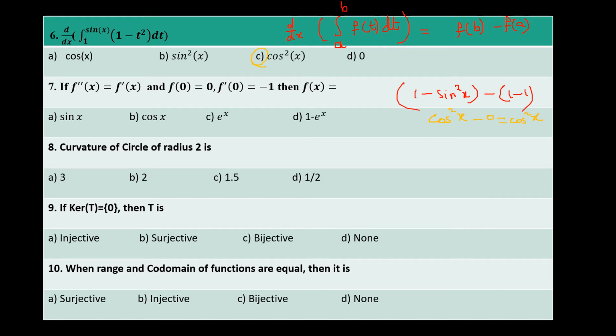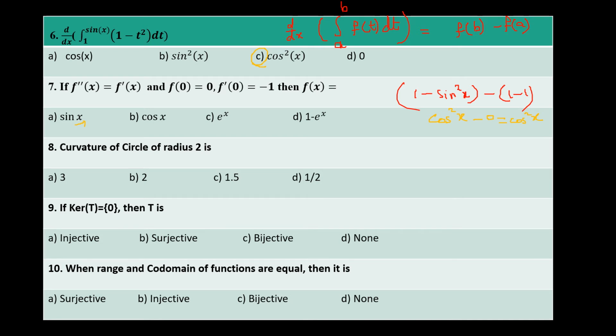Next is: for which function are the second derivative and the first derivative of the function equal, while f at 0 is 0 and the first derivative of the function at 0 is minus 1? Here we know that the first derivative of sin x is cos x and its second derivative is minus sin x, so both are not equal, so this won't be the correct option, and this also won't be the option.